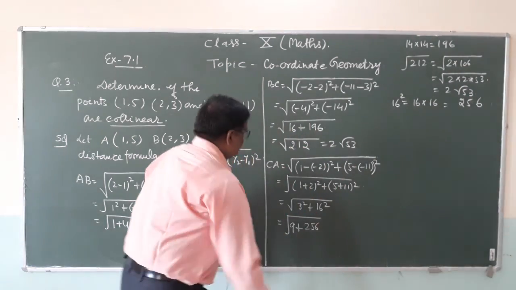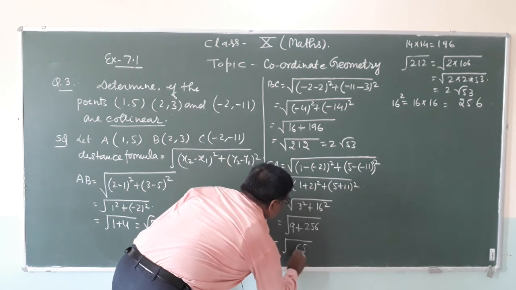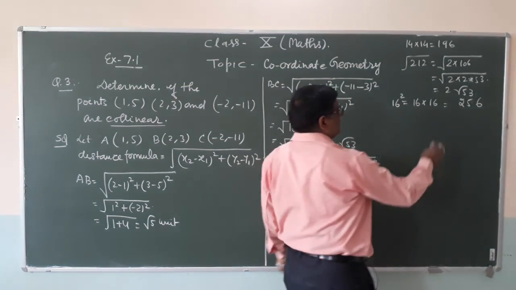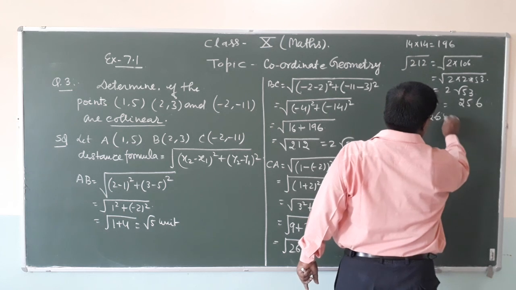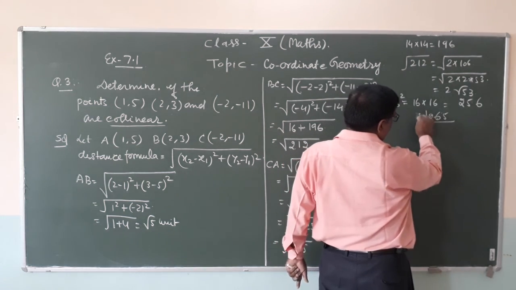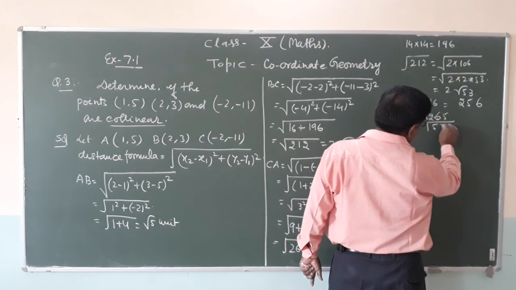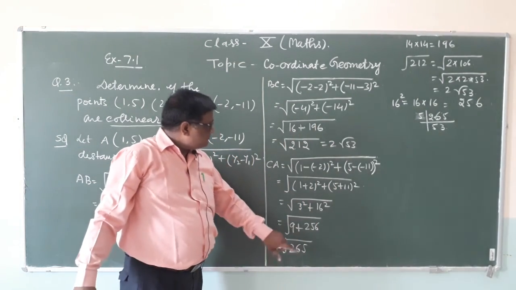So this can be written as square root of 265, and now simplify this. So this can also be written as root 265.